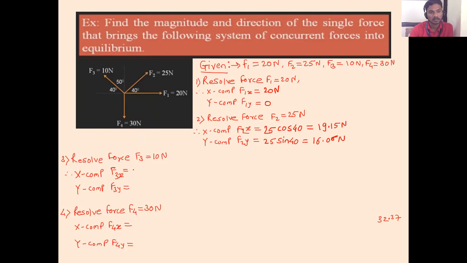Minus 10 cos 40. What is that value? Minus 7.66. Very good. Then F3y is 10 sin 40. How much is it? 6.42. Very good. This is force number 3.